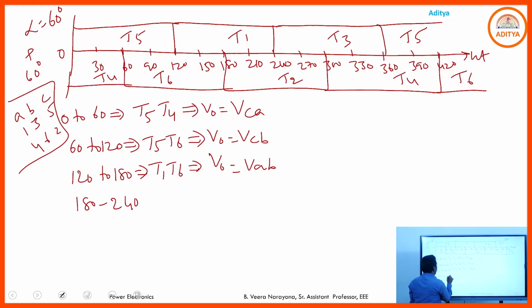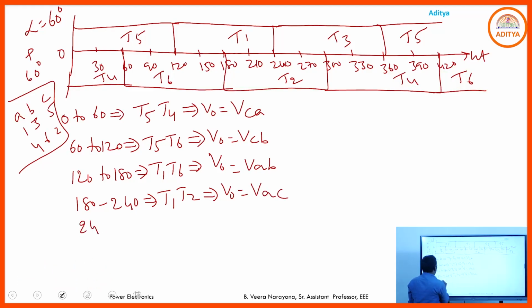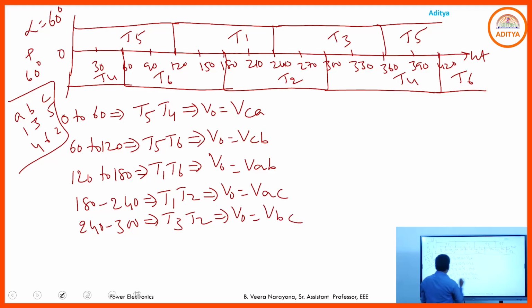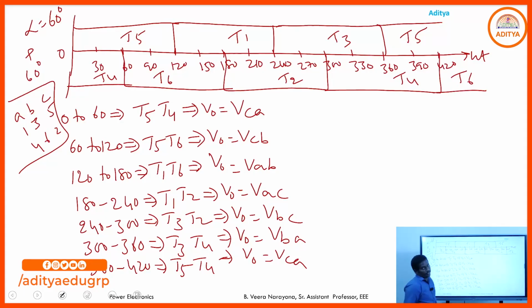180 to 240, T1, T2: V0 equals VAC. 240 to 300, T3, T2: VBC. 300 to 360, T3, T4: V0 is equal to VBA. 360 to 420, T5, T4: again V0 equals VCA. The cycle will be repeated.